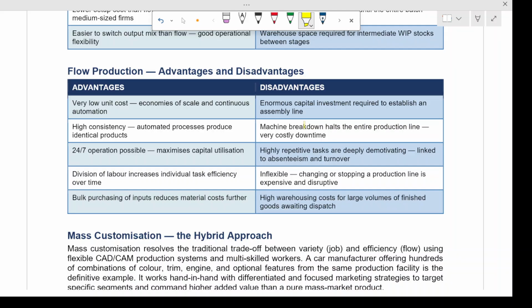So there is a very large amount of loss that is sustained by the company if there is a machine breakdown. The next one is that highly repetitive tasks are deeply demotivating, linked to absenteeism and turnover. This means that the labor who are actually working with those machines face the same thing over and over again.